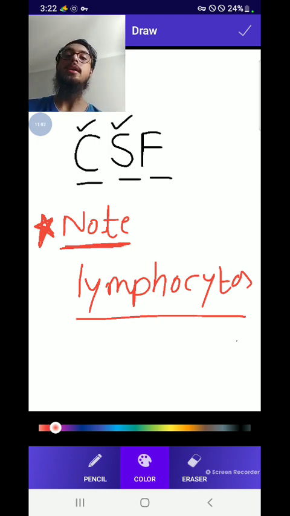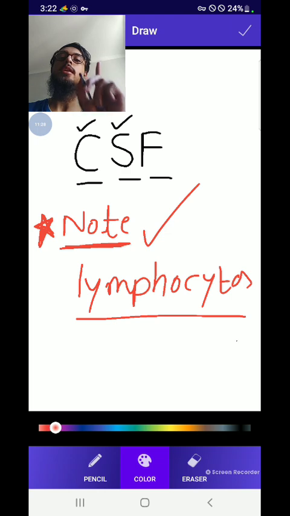There is a barrier which allows a specific amount of nutrients to enter the brain, and the substances which are harmful for the CSF and the lining of the brain move out from the subarachnoid space towards the blood and are expelled out of the body. So this is the important point, the lymphocytes: when the cerebrospinal fluid enters the spinal cord, lymphocytes are added to the CSF.